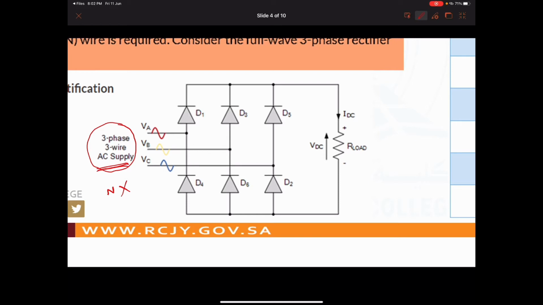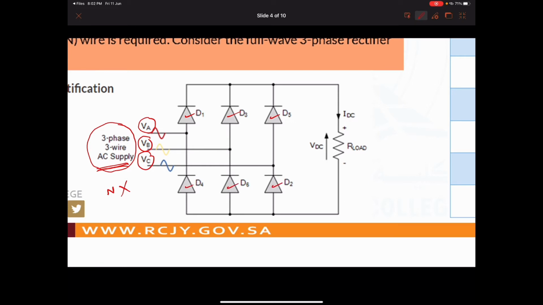Okay. Now, this is phase A. This is phase B. This is phase C, right? Now, this is diode number 1, this is diode number 3, this is diode number 5. And here we have diode number 4, diode number 6, diode number 2.